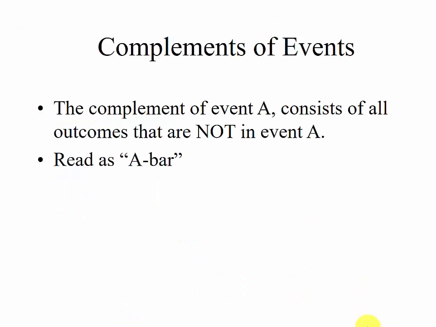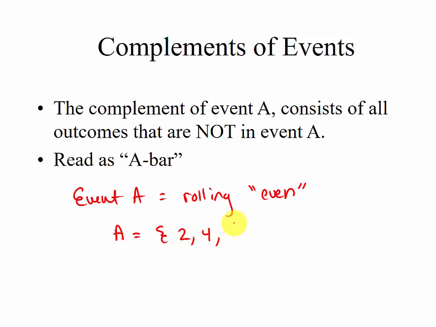The complement of an event consists of all of the outcomes that are not included in the defined event A. So for example, say event A is rolling a die, but specifically rolling an even number. That means event A has the outcomes of 2, 4, and 6.